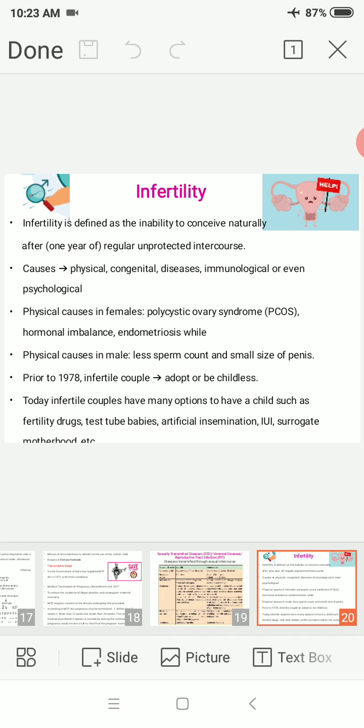Before 1978, an infertile couple had two options: adopt or be childless.